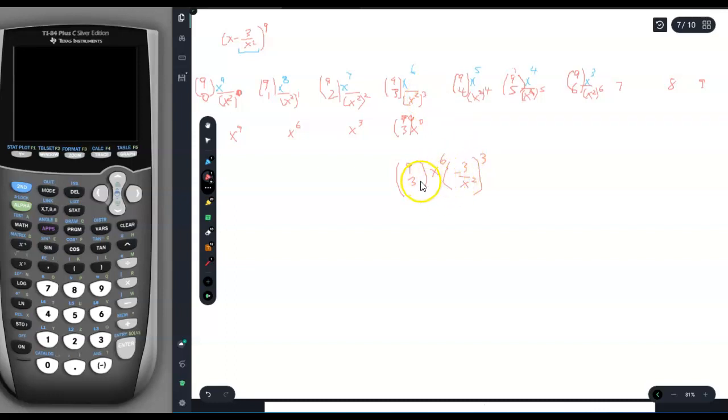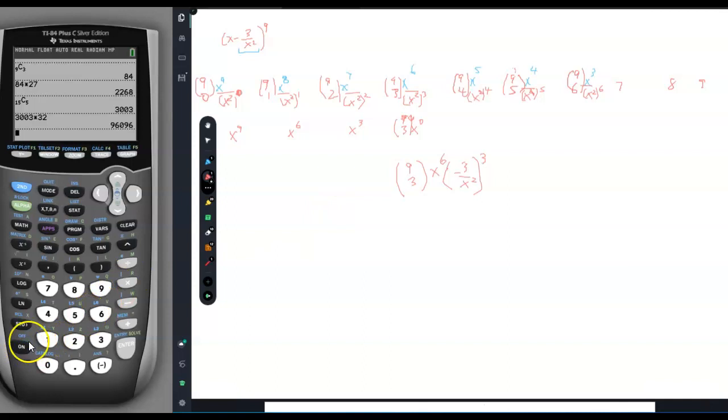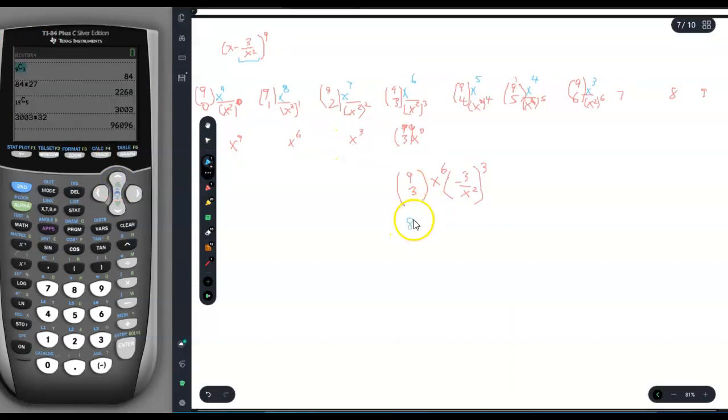Now we're almost home free, right? So let's just simplify this. 9 choose 3, we can use the calculator for that. Oh, what do you know? I already did 9 choose 3. So 9 choose 3 is 84. 84, x to the 6. Negative 3 cubed is negative 27, divided by x squared cubed. x squared cubed is x to the 6.